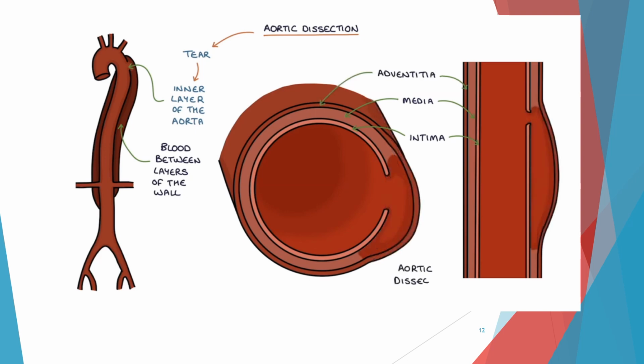With aortic dissection, blood enters between the intima and the media layers of the aorta. A false aneurysm full of blood is formed within the wall of the aorta, between the intima and media layers. The term intramural refers to within the walls of the blood vessel.